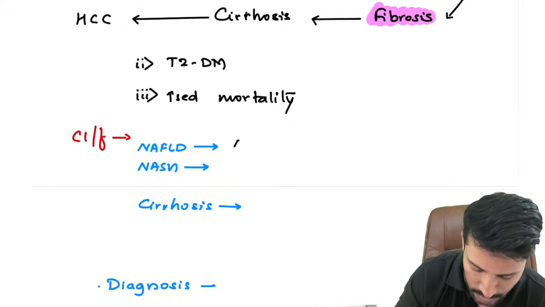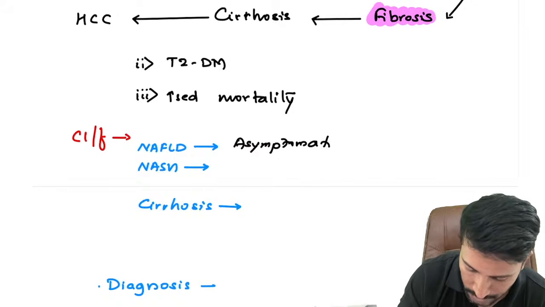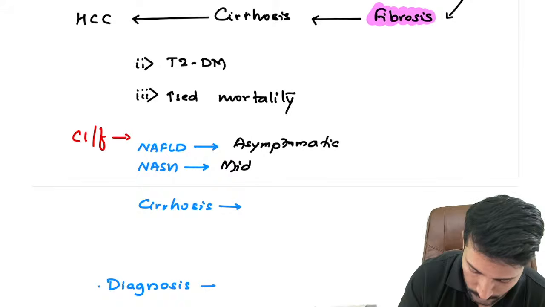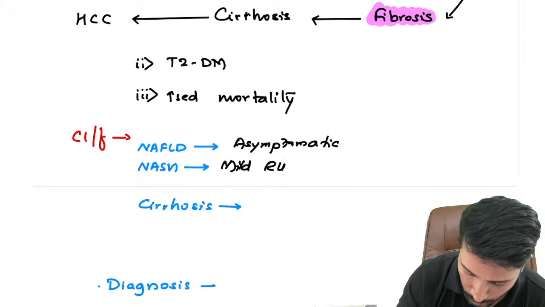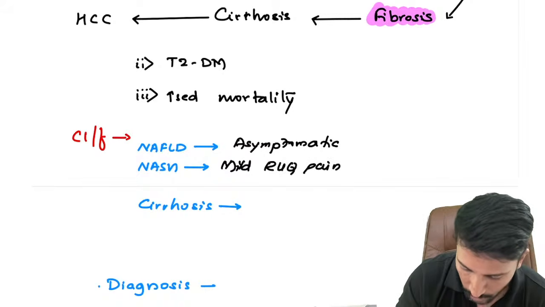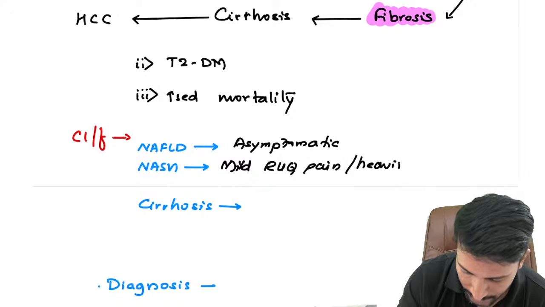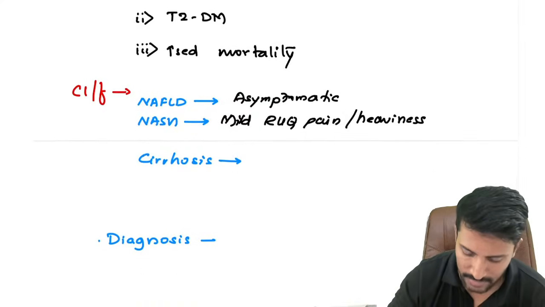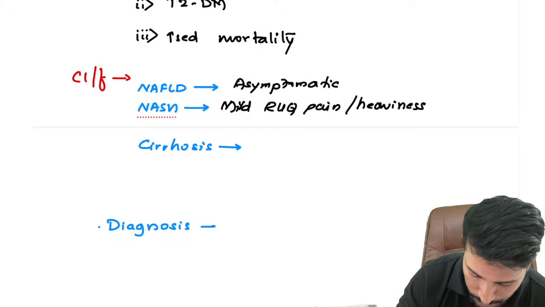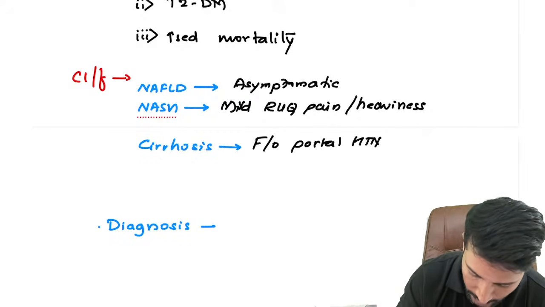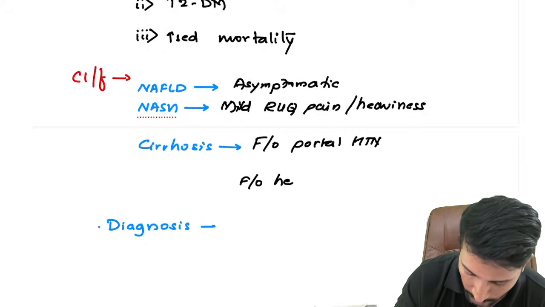Once there is inflammation, they can have mild right upper quadrant pain or a sensation of heaviness. Beyond that, they may not have much symptoms, but once cirrhosis sets in, they can have features of portal hypertension and features of hepatocellular failure.